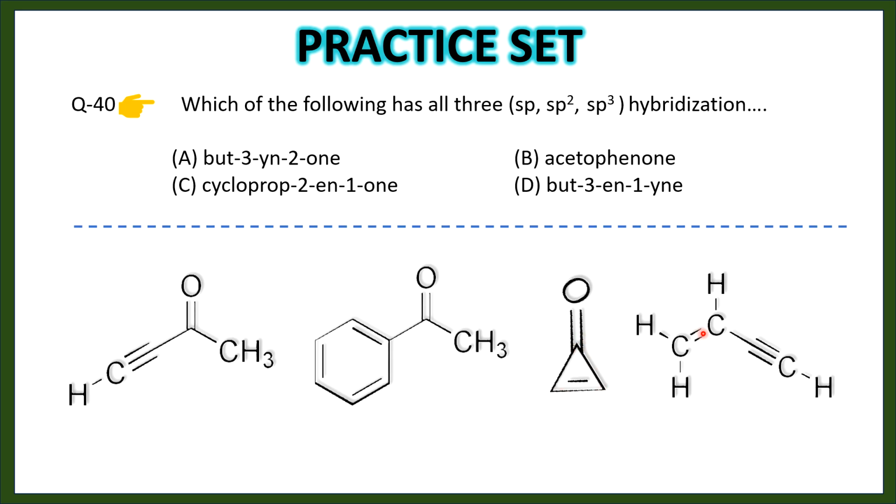Now we can see in these cases, this one is all sp2 and sp3, there is no sp. This case is sp2 all, and this case is sp2 and sp, but no sp3. So only this one is the right answer. In this case all three different hybridizations are there.